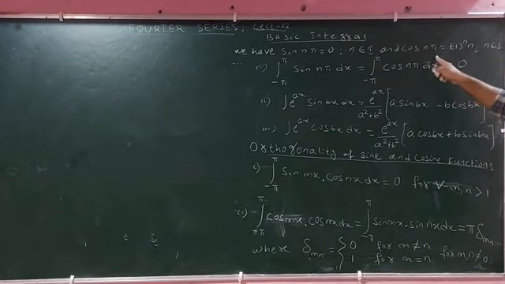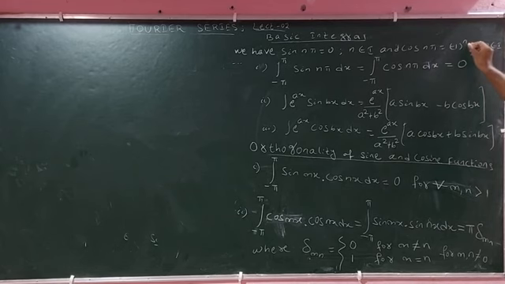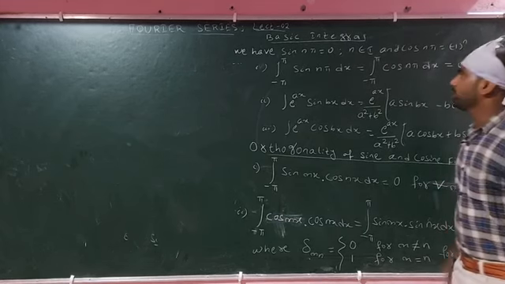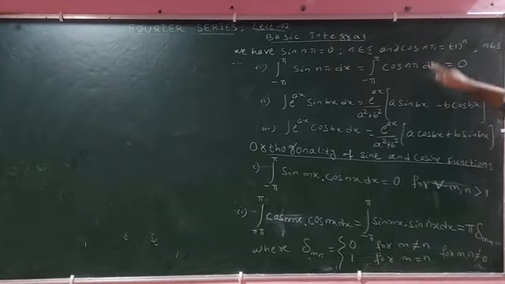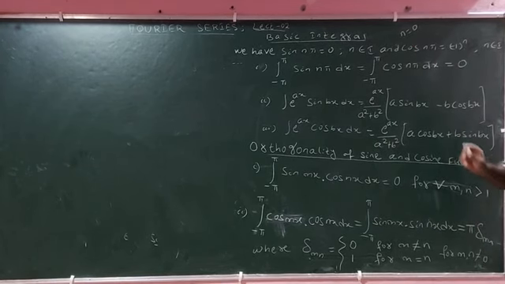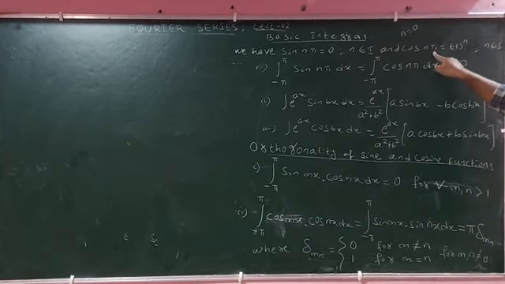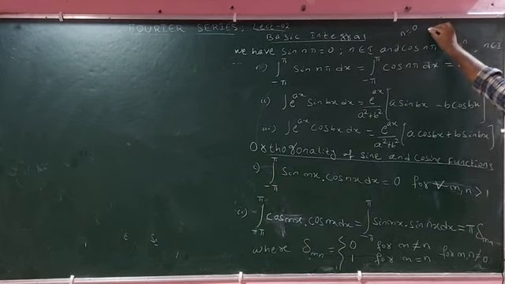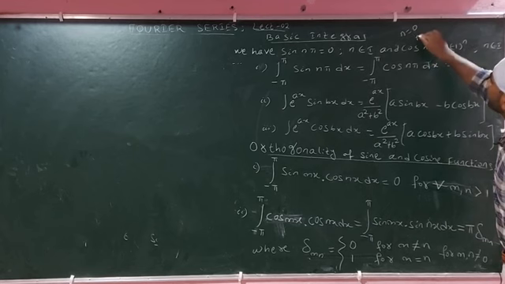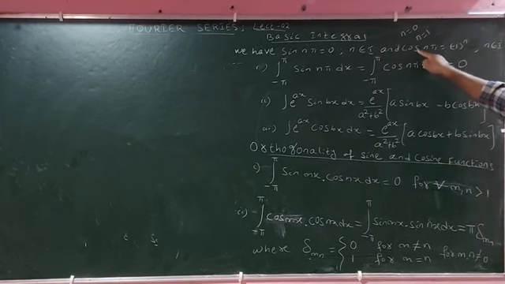But cos n pi equals minus 1 to the power n, where n belongs to the integers. If n is 0, it becomes cos 0, and we know the value of cos 0 is 1, so minus 1 to the power 0 is 1. When n becomes 1, it converts to cos pi.